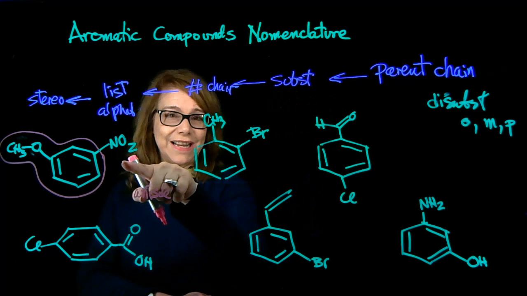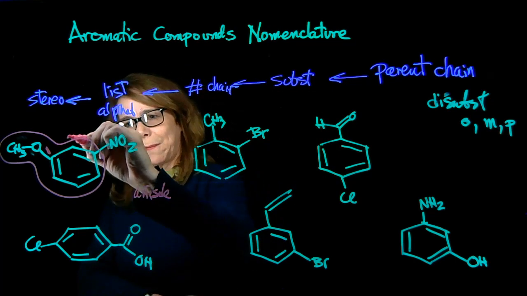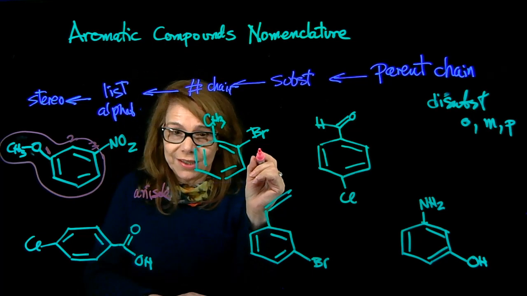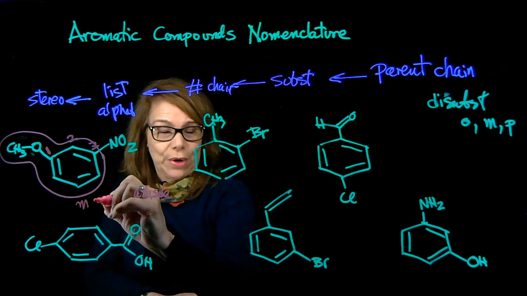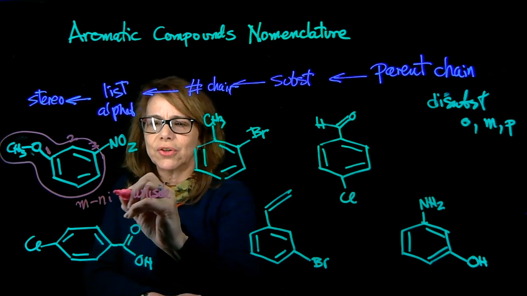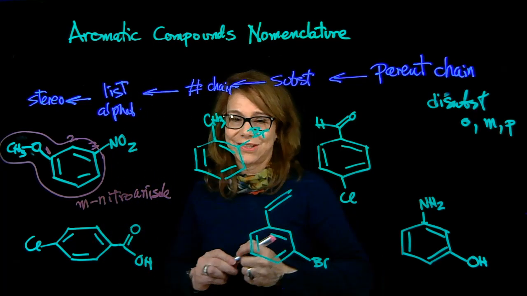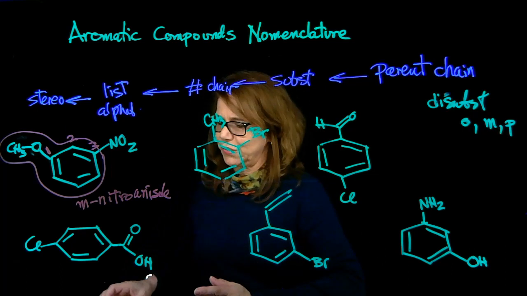Here it is, nitro. I need to number the chain, so it is 1, 2, and 3. So it will be 3-nitroanisole, but we can also say meta or m-nitroanisole. Okay, so again, choose a parent chain and then look at the name of your substituent.